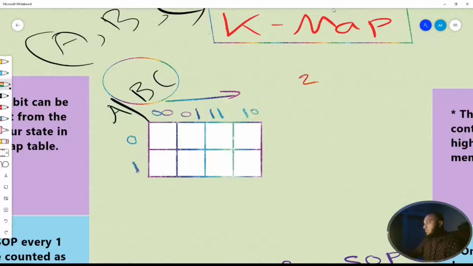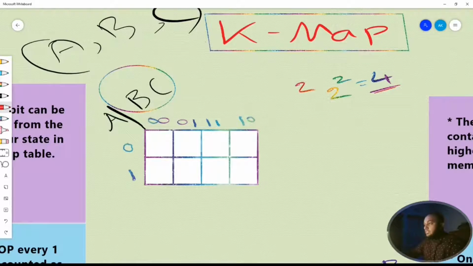We have 2 inputs, that means we will have 2 to the power 2 equals 4 patterns, and these are the 4 patterns, and we need to organize these 4 patterns in such a way that it satisfies the rules of K-map. So let's see how we can organize this. Let me clean a little bit like this. Okay, if we look at the first state, you can see the state is 0 0 and the second state is 0 1.